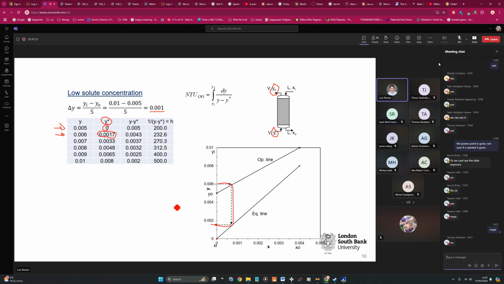Another point, 0.007, it's this point here in y, and then you draw a line to the operating line, down to the equilibrium line, and you read that value at equilibrium. So it's something around 0.003, as you can see, and so on for all the different values of y. Then you simply calculate that difference, y minus y asterisk, these two variables, and the inverse, and those are your function evaluations.